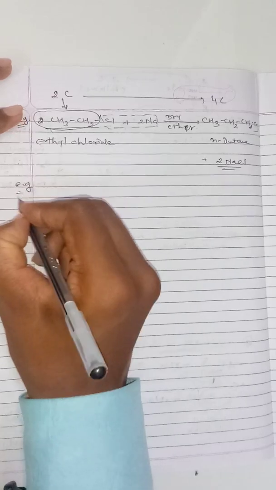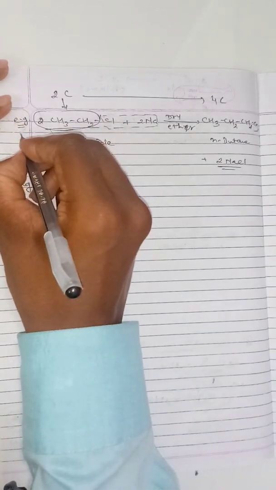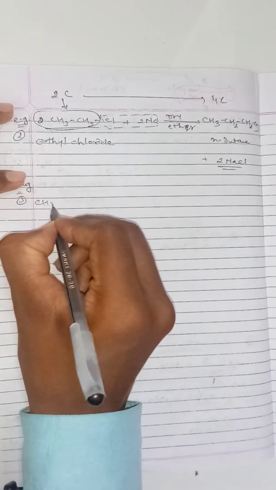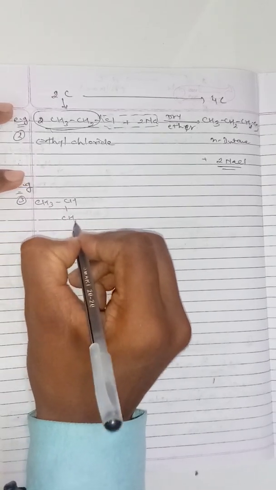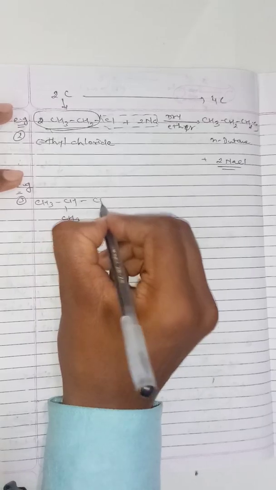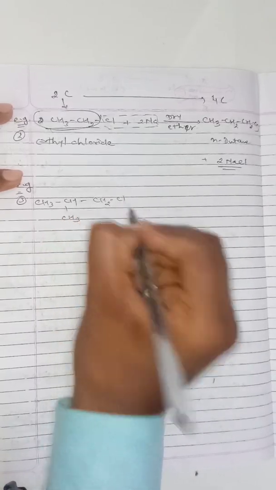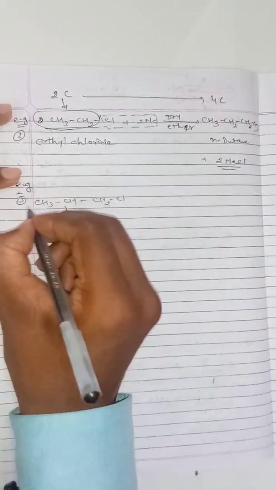Another example, number 3. CH3 CH CH3, CH2 Cl, 2 moles.